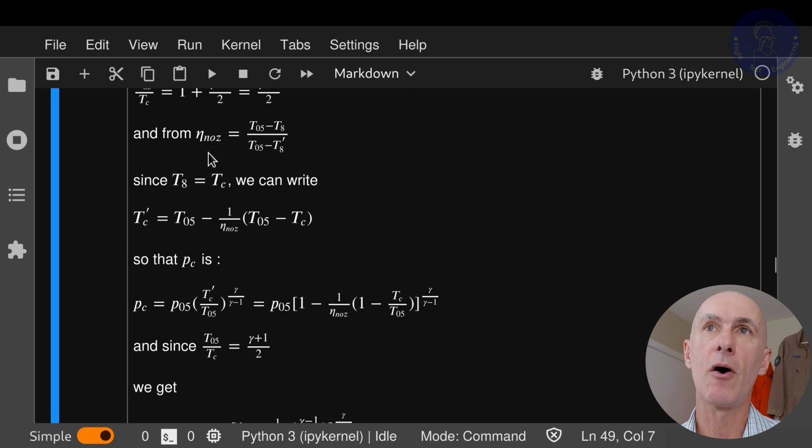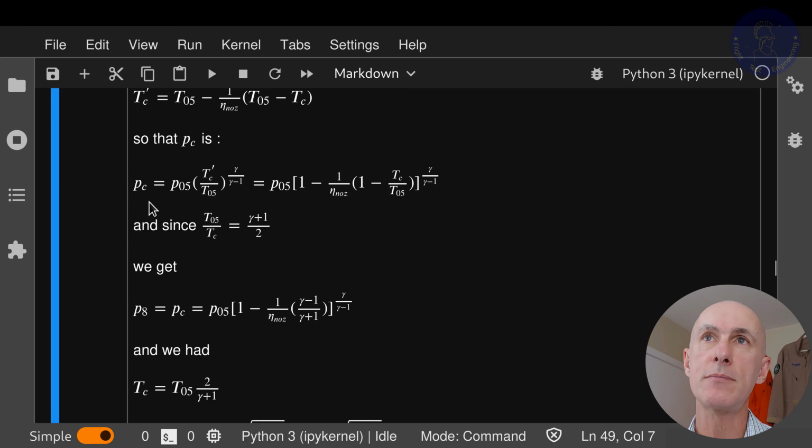We can then recall the nozzle efficiency equation, eta nozzle, and instead of using T8, we use Tc, and we get Tc prime is T05 minus 1 over eta nozzle times T05 minus Tc. We can then plug this back into the isentropic pressure relationship, and we can get Pc equals P05 times Tc prime over T05 to gamma over gamma minus 1.